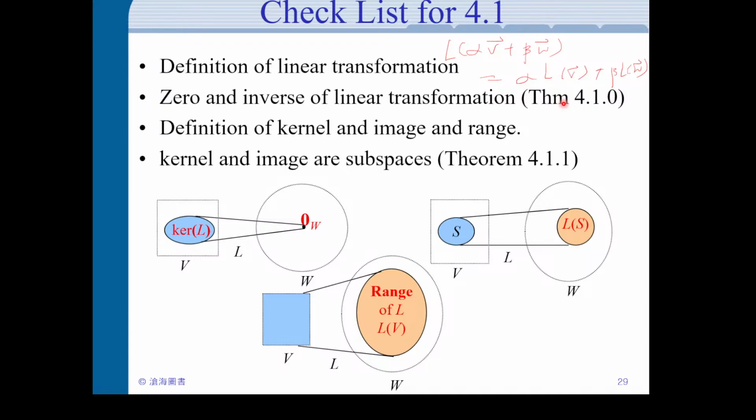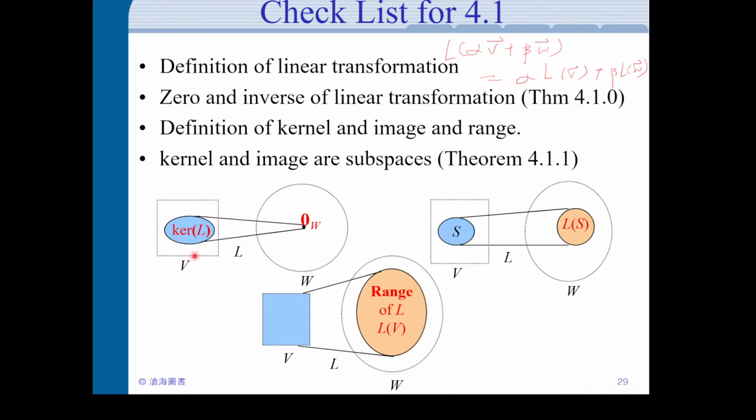Okay, and then we have our theorem 4.1.0 saying that 0 and the inverse also commute with linear transformation. So the mapping of 0 is 0 in the resulting space, and the mapping of the inverse is the inverse of the mapping. And then we have a definition of a kernel, image and the range here. We have all the picture here.